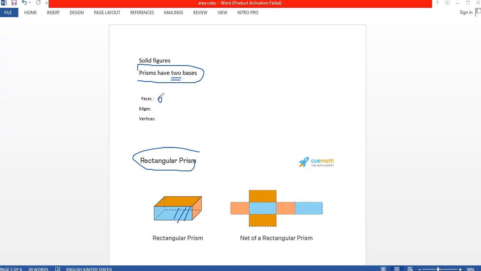The edges are where two faces meet. When the front face and the up face meet, we have one edge. So 1, 2, 3, 4, 5, 6, 7, 8, 9, 10, 11, 12. We have 12 edges.